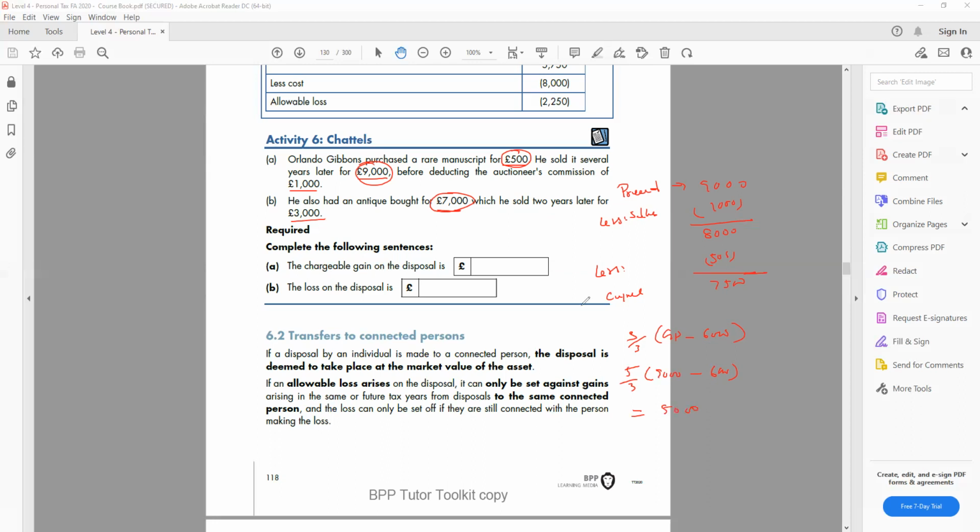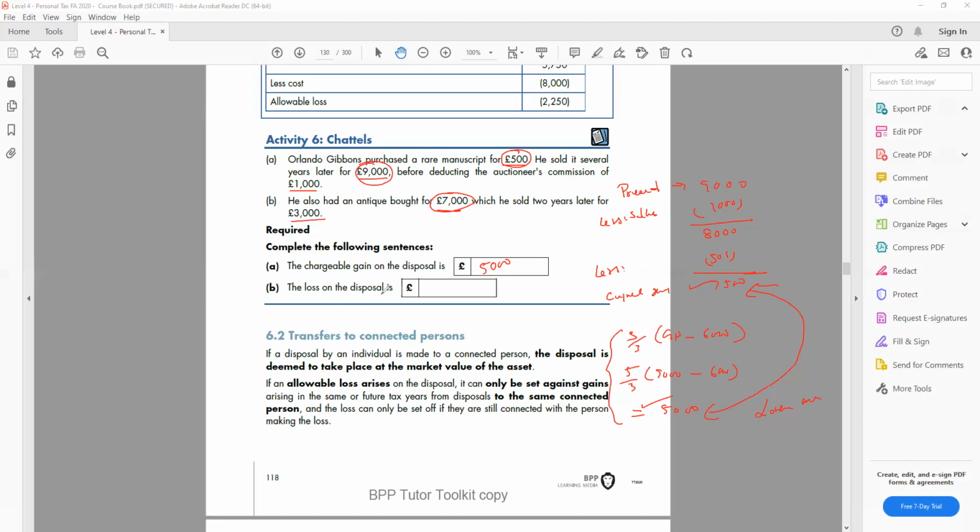Now I have to see this one: the capital gain you calculated with the normal calculation, 7,500, and with the chattel rules, 5,000. Between these two, we have to compare and pick the lower one. Between 7,500 and 5,000, the 5,000 is the lower one. So you have to take 5,000 here. So the chargeable gain on disposal is 5,000.